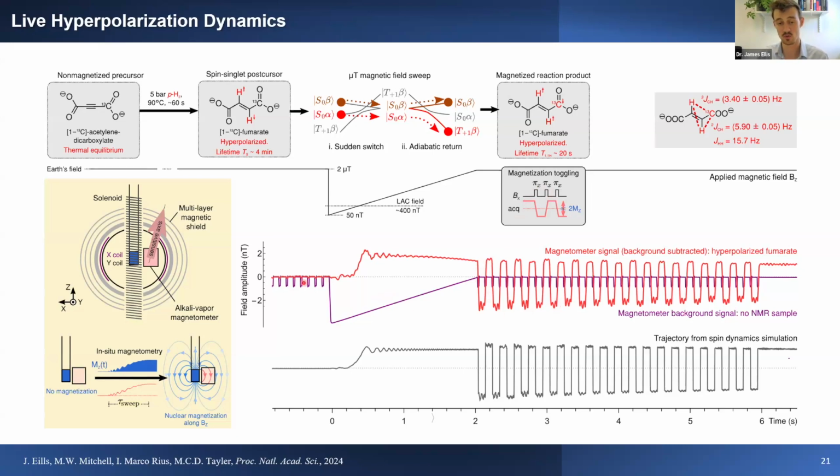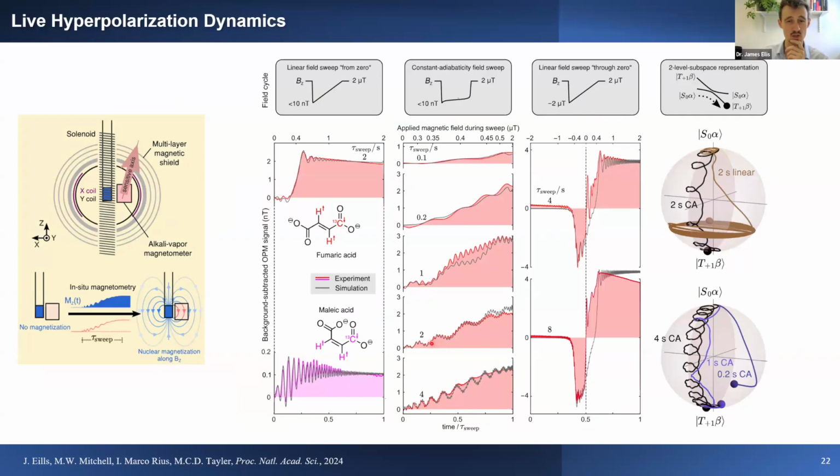And so we start with a very, very small or almost unobservable signal. And applying this sweep, we see in real time how the magnetization changes. And then we see, of course, we do have this large magnetization now that can be flipped up and down. Okay, so we applied this sort of experiment in a few different ways.